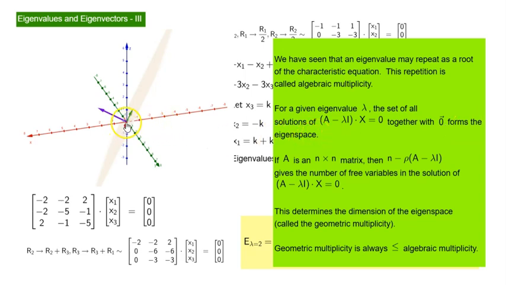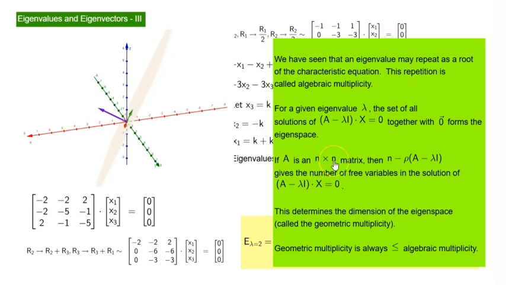Remember, the eigenvectors themselves are non-zero vectors. So we have to explicitly include the 0 vector, mainly because this is a homogeneous system and the 0 vector would be a trivial solution, which is a solution for all homogeneous systems.